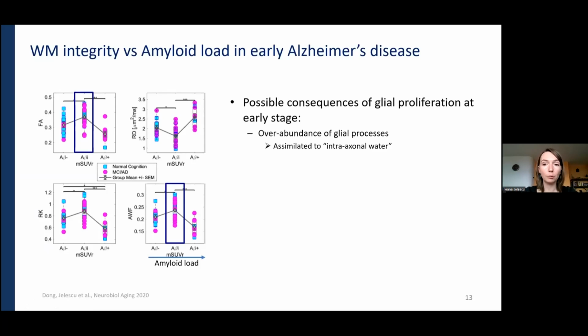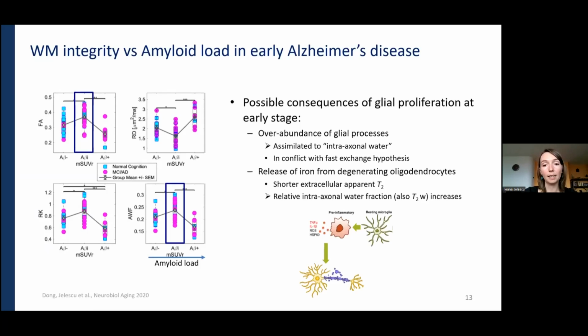So this can be a consequence of glial proliferation at early stages, due to some overabundance of glial cells. Glial processes, because they have the same geometry as axons, they're cylindrical, so this can be assimilated to axonal water, but this would be in conflict with the fact that we assume glial cells to always be in fast exchange with the extracellular water, so not so compartmentalized.